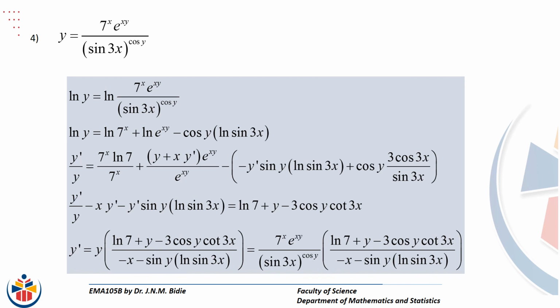Hence we have negative y prime sine y times the second function as it's not changed, and then plus cos y into the derivative of ln sine 3x, which is 1 over sine 3x, multiplied by the derivative of sine 3x, which is 3 cos 3x.